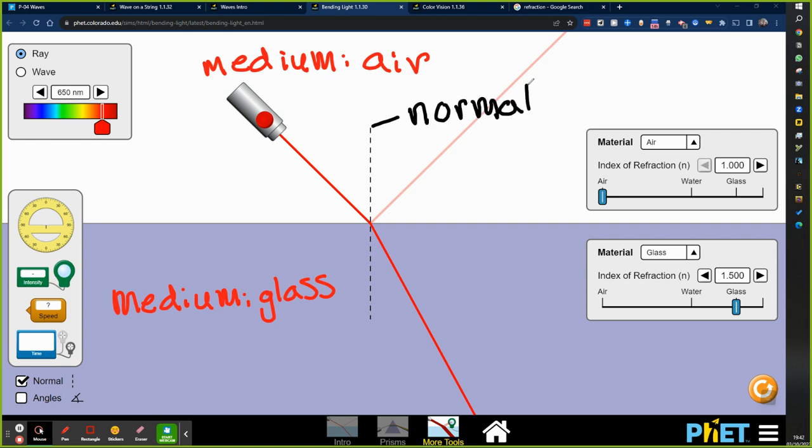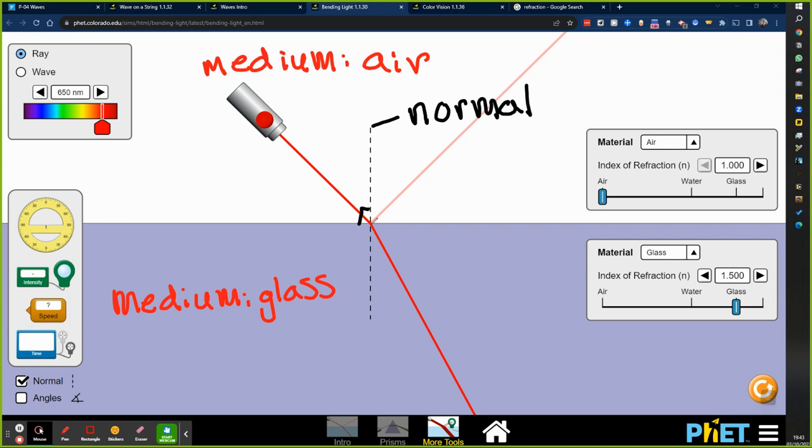Okay, I'm not saying this dotted line is normal. I'm saying this dotted line is the normal. It's the name that we give to this dotted line. So what's so special about this dotted line? I always draw it where the ray of light, or any wave, is changing mediums. It's changing from air to glass, and I draw it at the point it does that. And I always draw it at right angles to this line here. So this is the line where it changes from one to another.